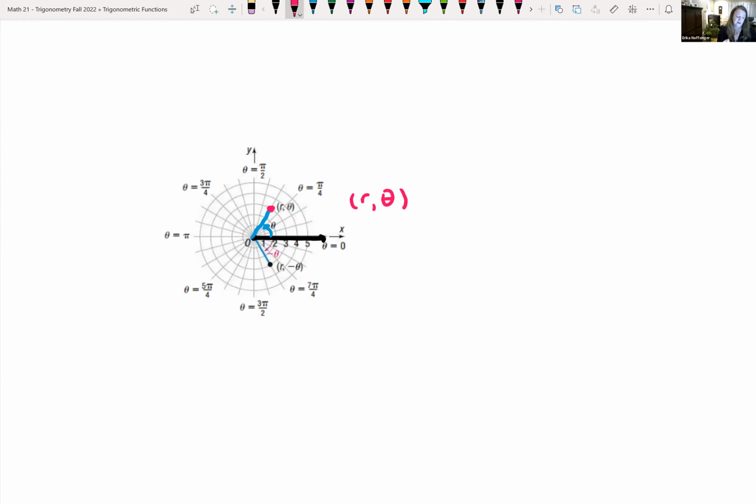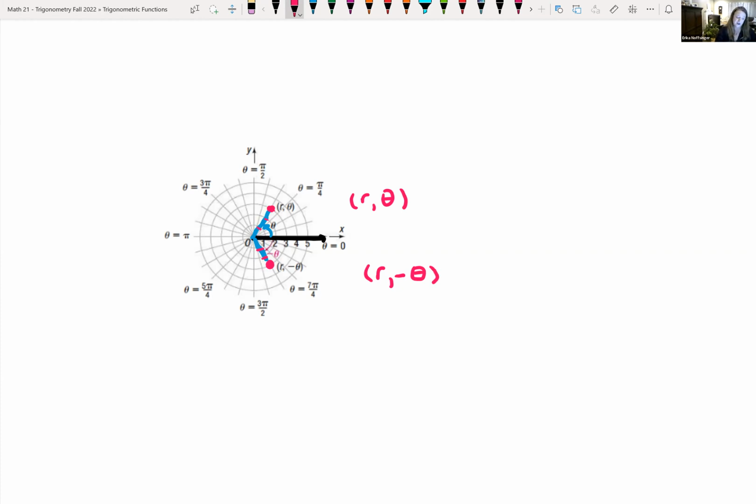So the graph here is symmetrical across this polar axis. Notice here, reflecting that terminal side across that polar axis, we have this point right here. So in this case, our value is r, so you're still going r units, but our value of theta is going clockwise, so it's negative theta.